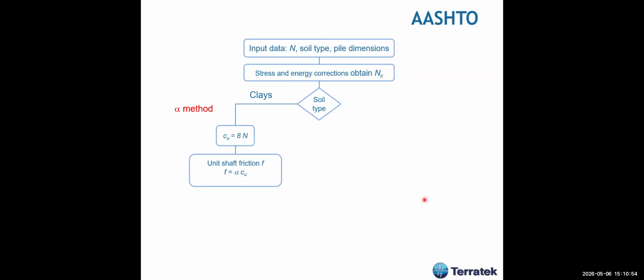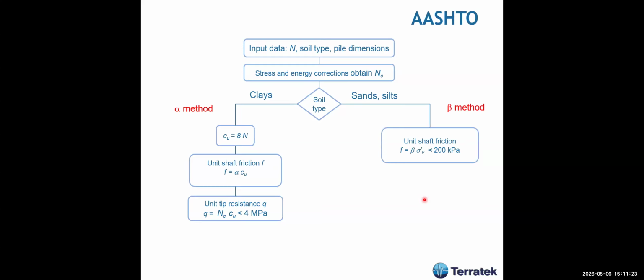Also, you can calculate the unit shaft friction. And we have limits. The ASTRO method prescribes limits to the unit tip resistance q, which has to be less than 4 megapascals. And where we have sands, we use the beta method, which is the effective stress method, in which we calculate the unit shaft friction with a correlation like that, but it has to be less than 200 kPa.